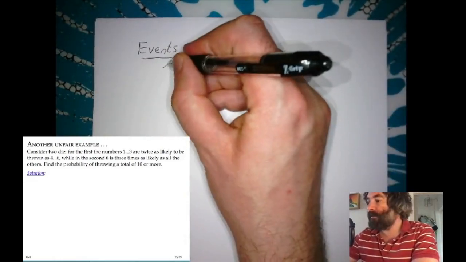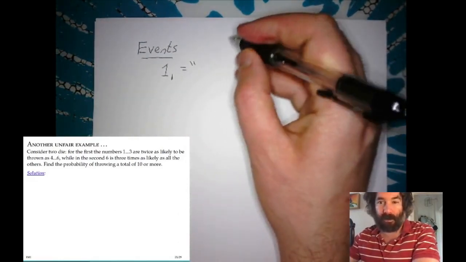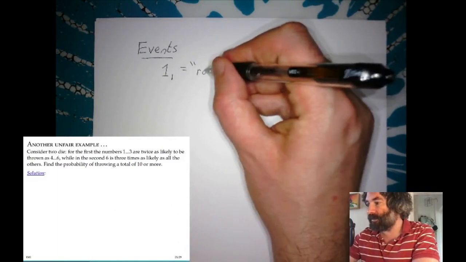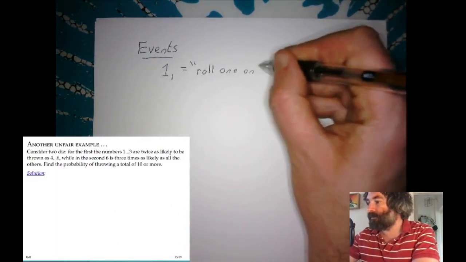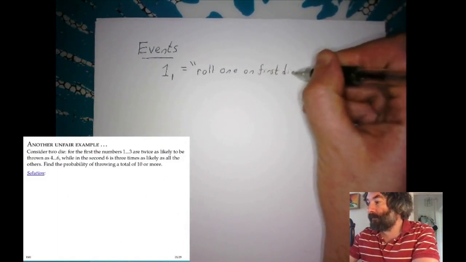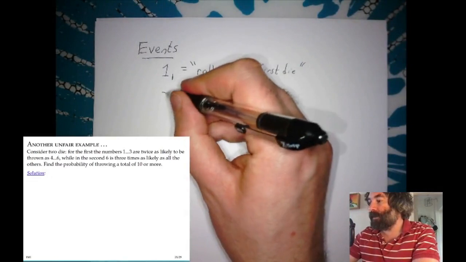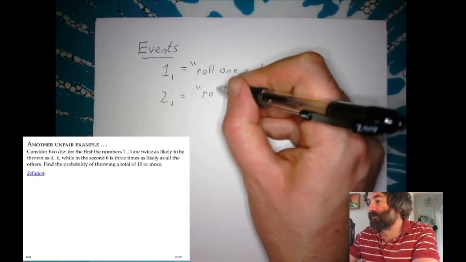Let's say, for example, the event 1 with a subscript 1 is the event where we roll 1 on the first die. And similarly, 2 with a subscript 1 is roll 2 on the first die.